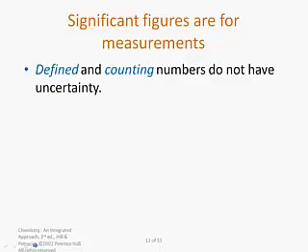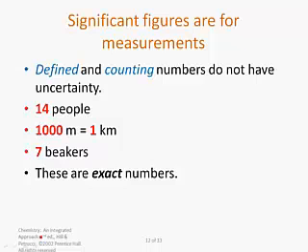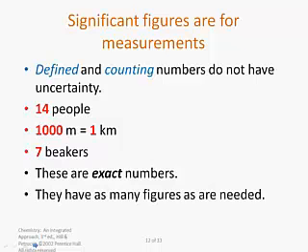So what we'll see in the next part of the discussion is that when we're using defined or counted numbers, these are exact values, and there really isn't any uncertainty with them, and therefore we don't have to adjust anything about our answers to the calculations when we're using these types of numbers. So here's some examples of what we would call exact numbers. They are either defined values or they are counted numbers.